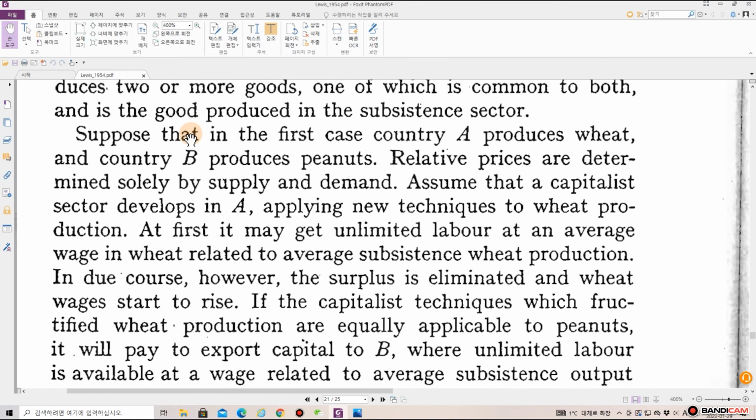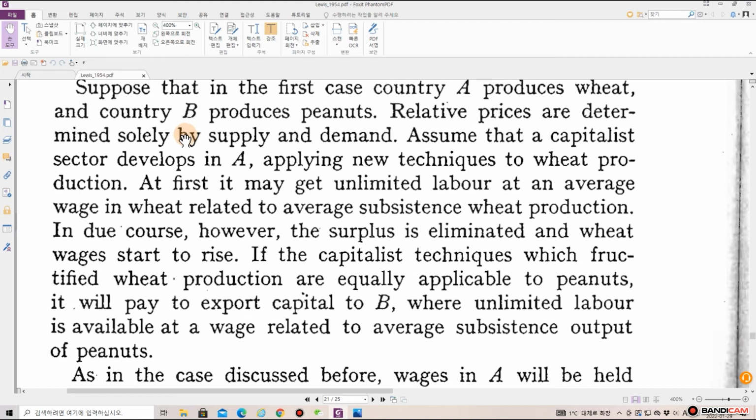Suppose that in the first case, country A produces wheat and country B produces peanuts. Relative prices are determined solely by supply and demand. Assume that a capitalist sector develops in A, applying new techniques to wheat production. At first, it may get unlimited labor at an average wage in wheat related to average subsistence wheat production.